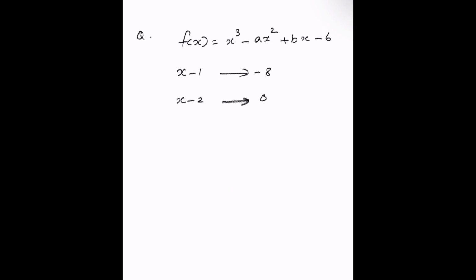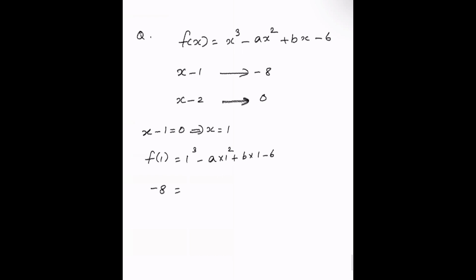So here, x minus 1 equal to 0 implies x is equal to 1. So f of 1 I will put first, and f of 1 gives me 1 cube minus a into 1 square plus b into 1 minus 6. What is the remainder for f of 1? That's negative 8.